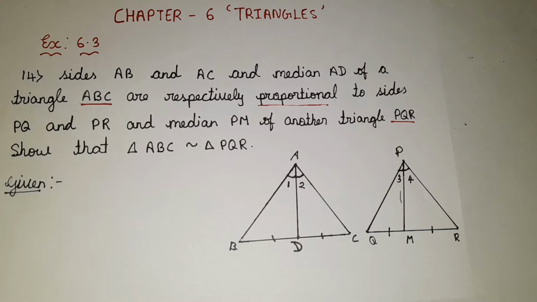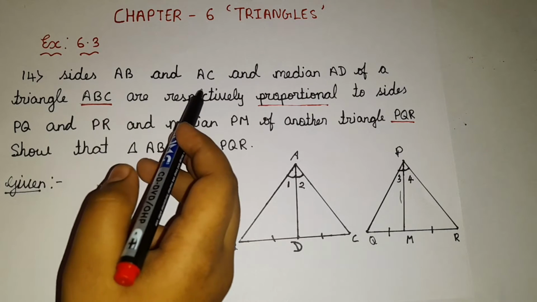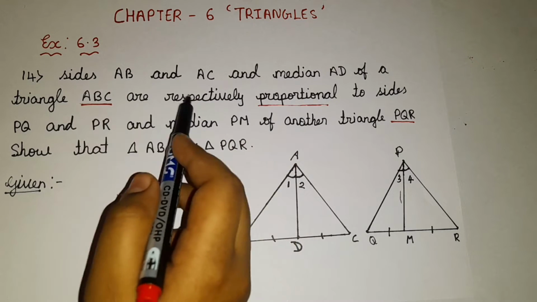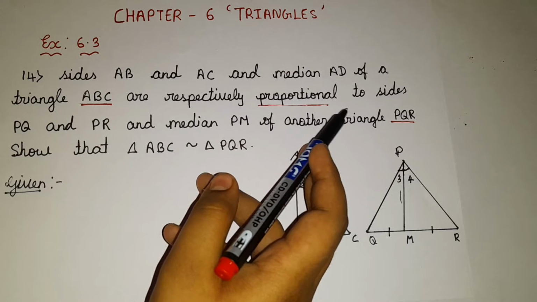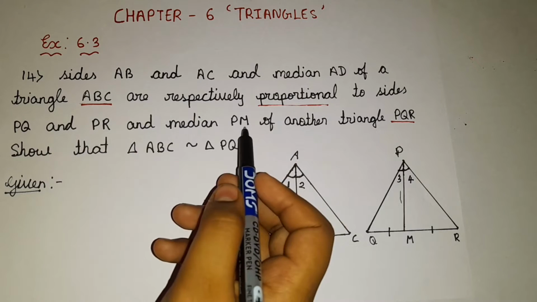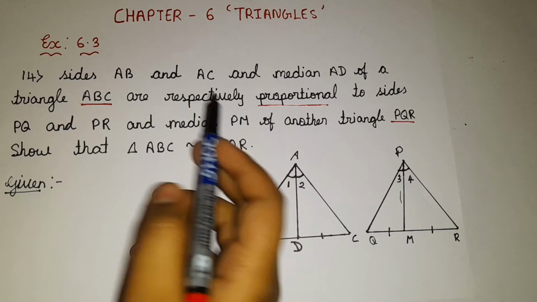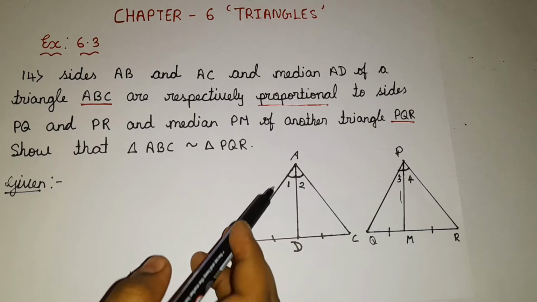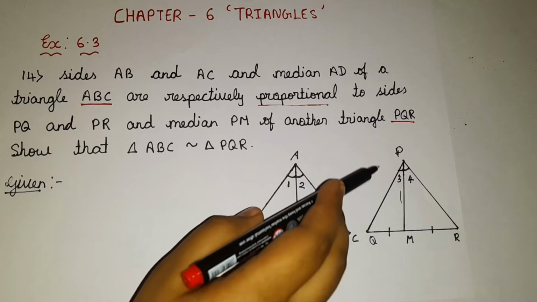So what is given in the question? According to the question, they mentioned that AB and AC and median AD of triangle ABC are respectively proportional to sides PQ, PR and median PM. So these two triangles are proportional. Proportional means you are supposed to write AB by PQ.